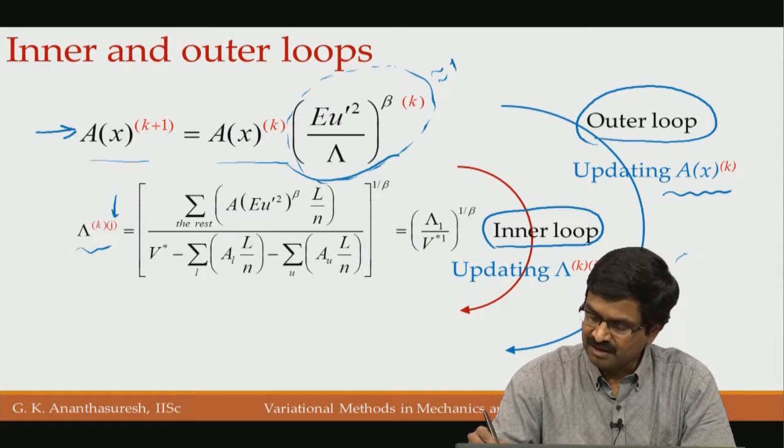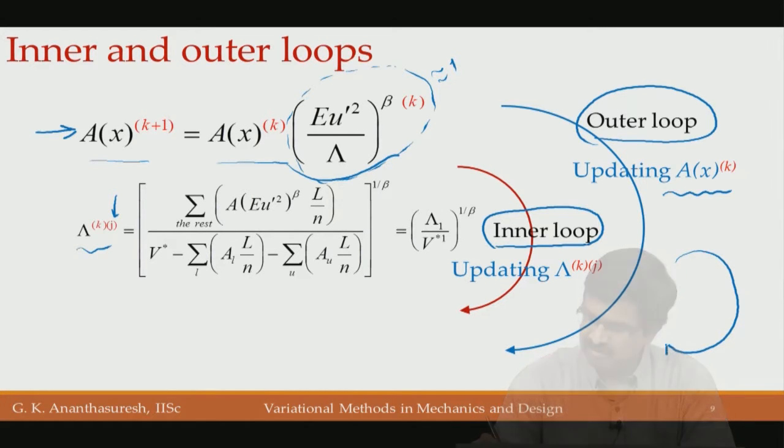So, there is an outer loop that goes repeatedly with the index k, there is an inner loop that goes with the index j. So, for every outer loop there will be a few inner loop iterations and then exits, goes to outer loop, and outer loop converges when this quantity becomes equal to 1, and then A k plus 1 gets very close to A k based on the tolerance that we specify in the code.